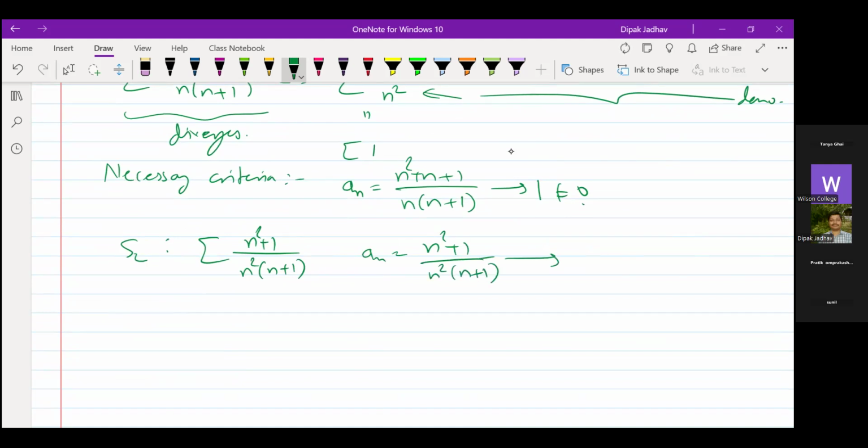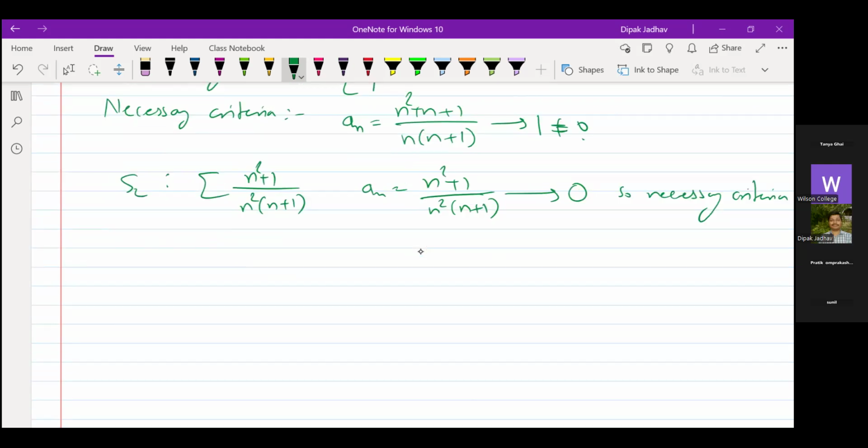Where does it go as n tends to infinity? 0. So the necessary criteria fails. The converse of the necessary criteria is not true. So we cannot conclude by using the necessary criteria. So we need to apply some other test.